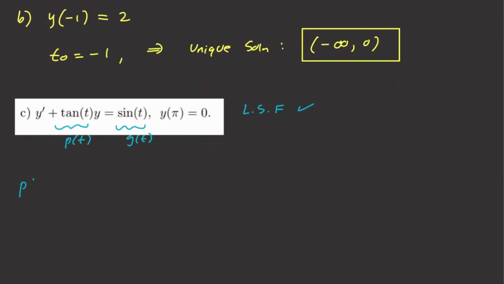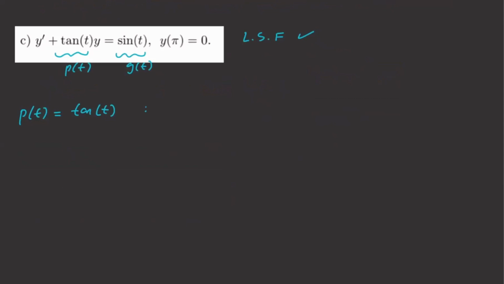P of t is tangent of t. I hope you remember the domain of tangent of t. Tangent is continuous everywhere except every odd integer multiple of pi over 2. One interval you can look at is negative pi over 2 to pi over 2.